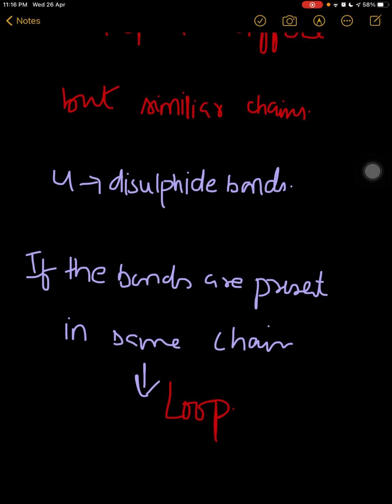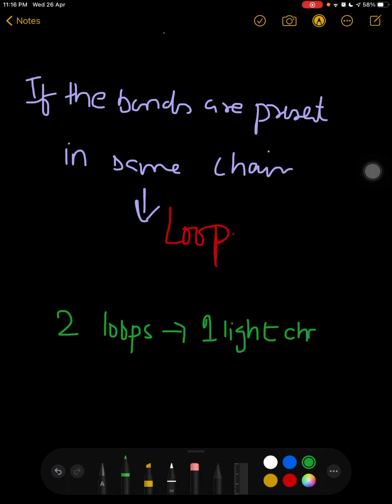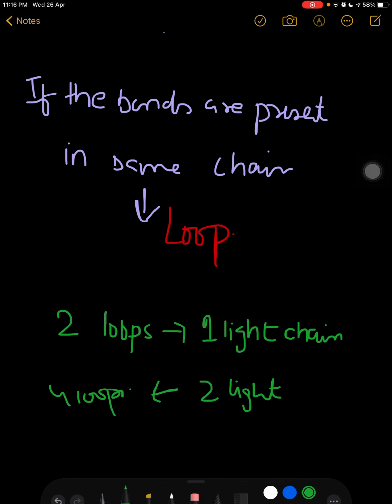That is known as a loop. So basically there are two loops in one light chain. So we have a total of 2 light chains. So there will be 4 loops, right?